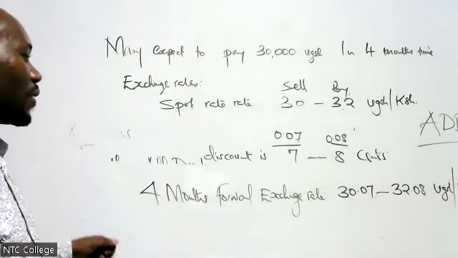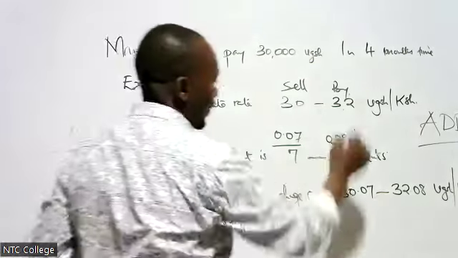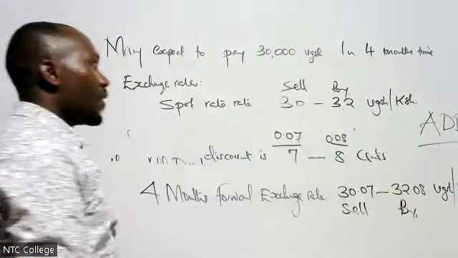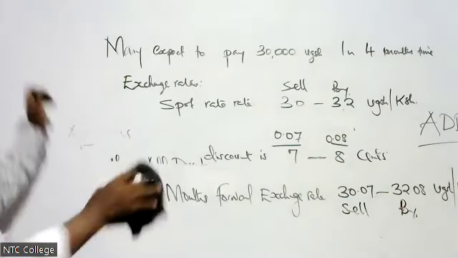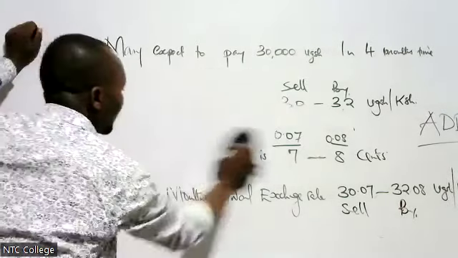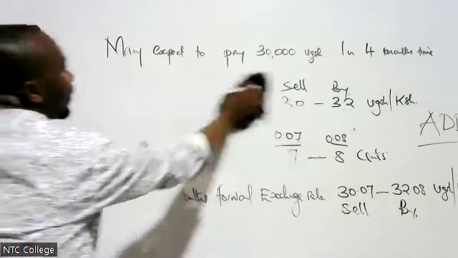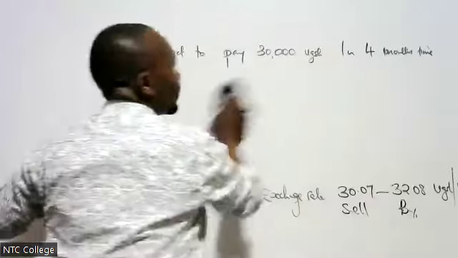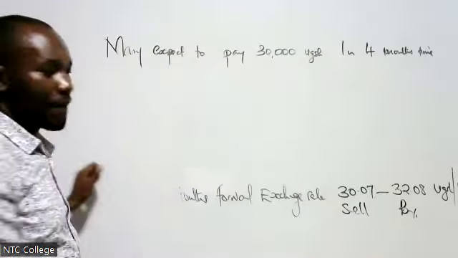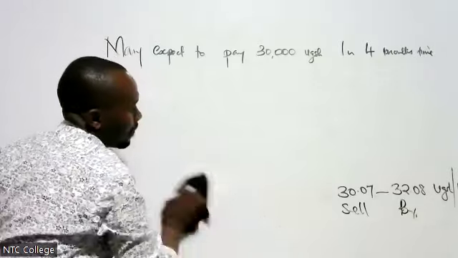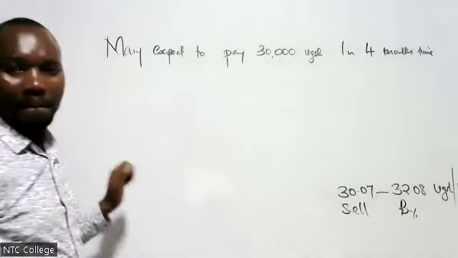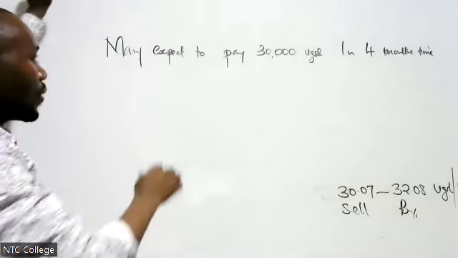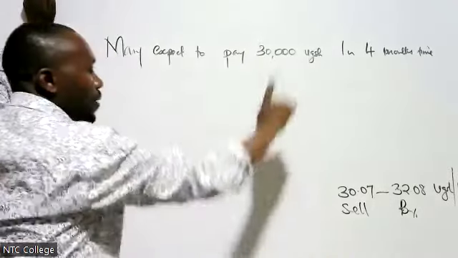So let's come back to our role of the bank to sell buy. So we have here sell buy. So with 30,000 in 4 months' time, what do we do? Which rate are we using? We are saying that we are selling for any payment the bank sells.